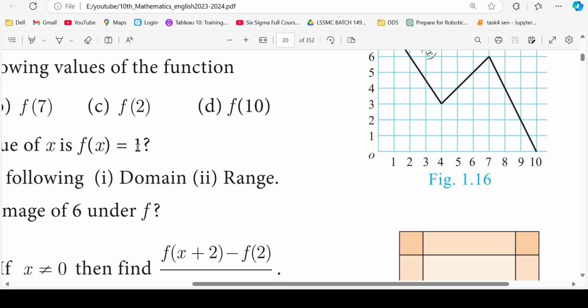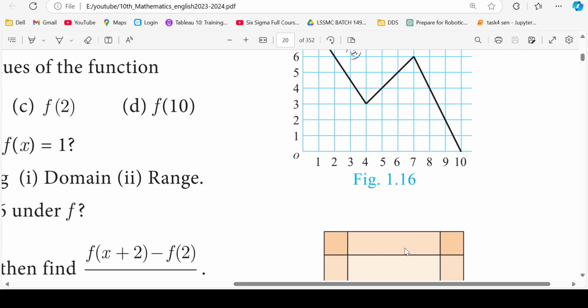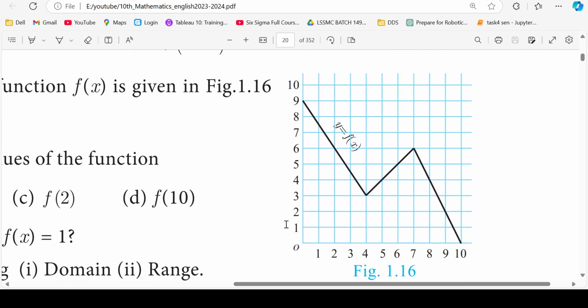So we need to check the y-axis. Here we are going to check y-axis number 1. We need to find out at which point this y-axis value intersects this function line, based on the x-axis. Here this is the point, number 1 is the given y value.